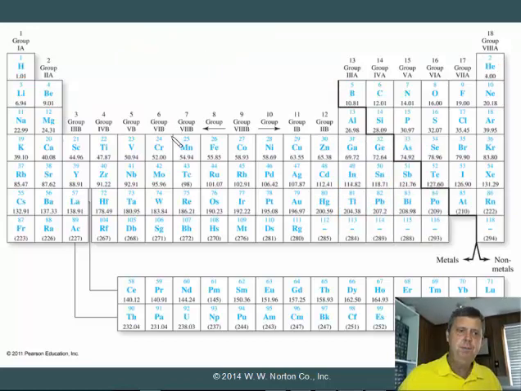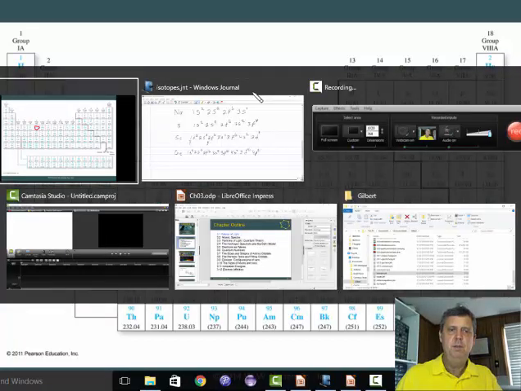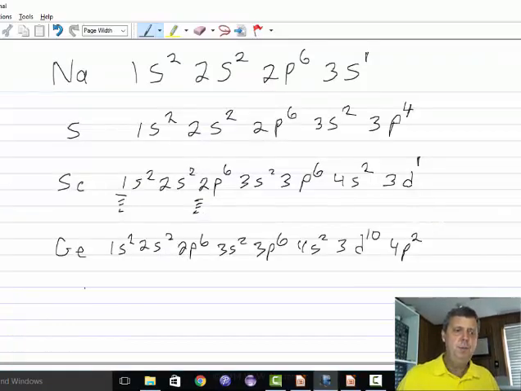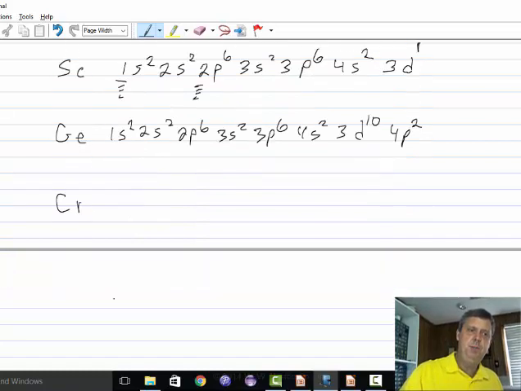let's look back at one of these exceptions and I'll show you. Let's look at chromium. Let me go over to the other page and draw chromium down here.